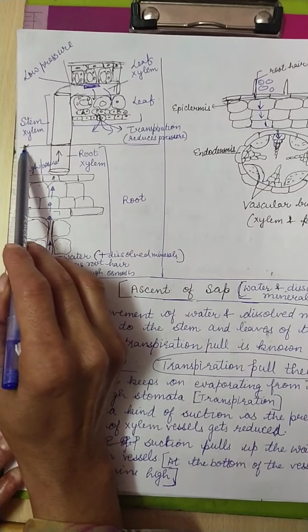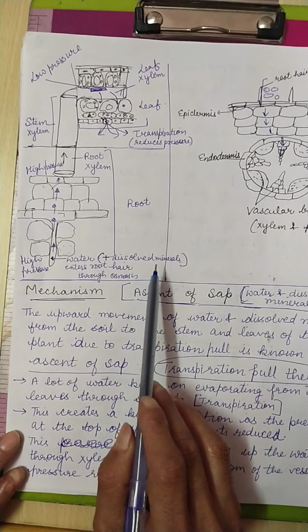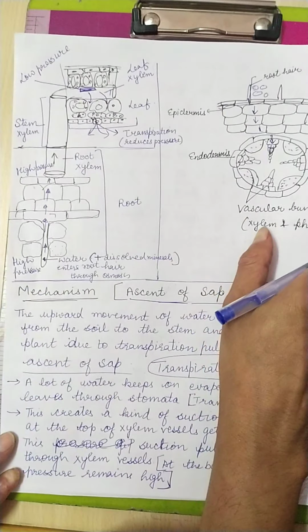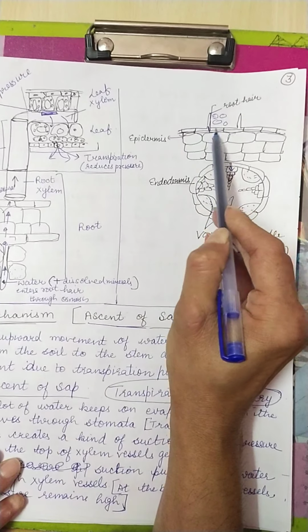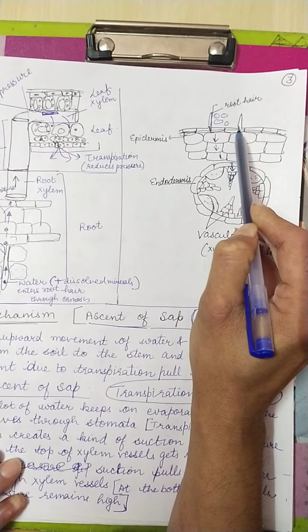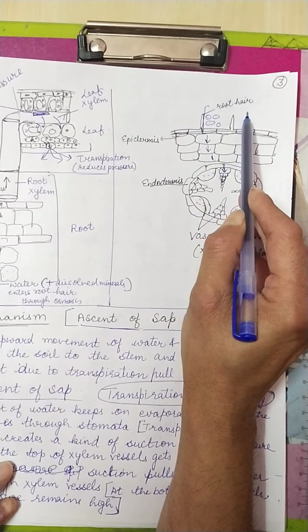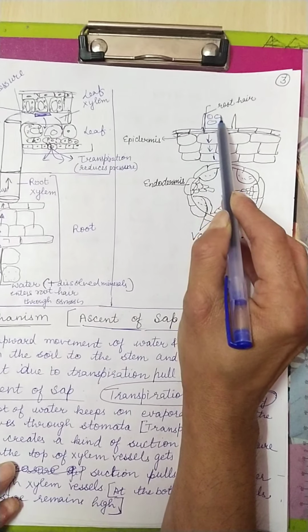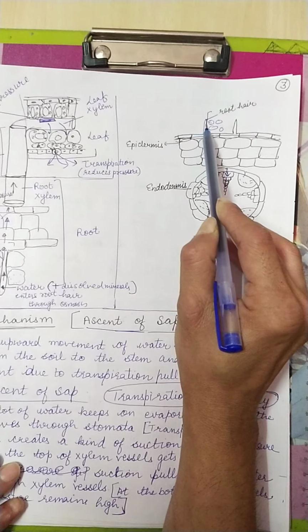See bache, this is the ground level and this is the structure of the root which we discussed earlier. The upper layer is the root epidermis. Root epidermis has fine hair-like projections known as root hairs. These root hairs increase the area for absorption. These are the soil particles, and the water is present in between these soil particles.